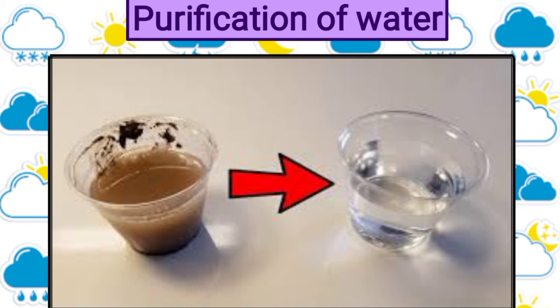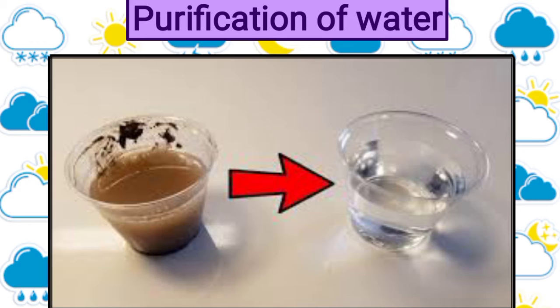Now let's understand what is purification of water. As you know, we should drink only clean water, because dirty water can make us fall ill. Water from taps can be dirty and impure also.